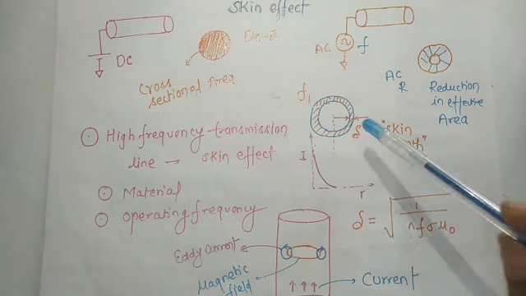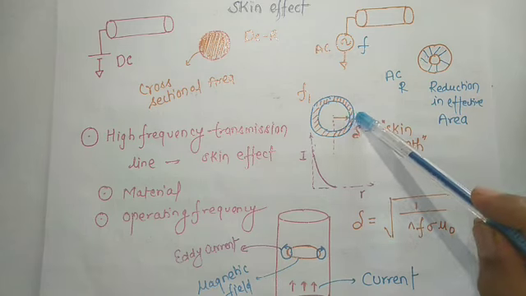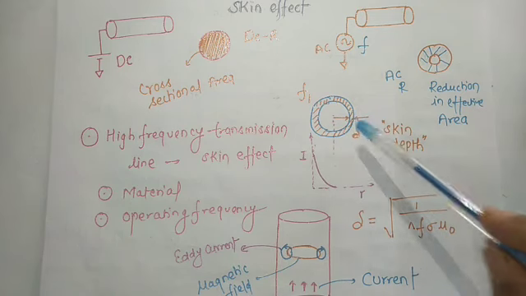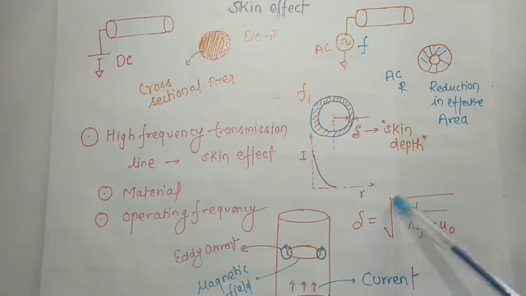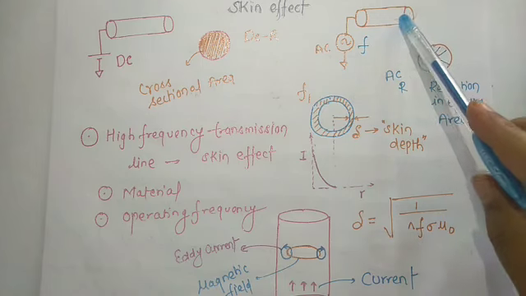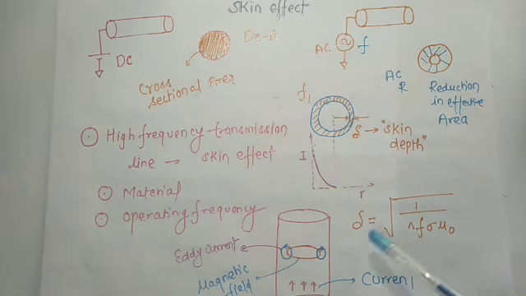This thickness where the current flows is known as skin depth. Skin depth depends on the frequency and on the material property, and sigma is related to the property of the conductor.